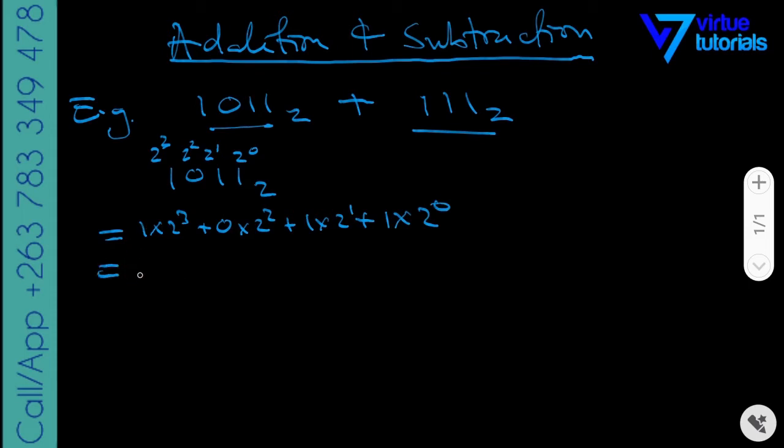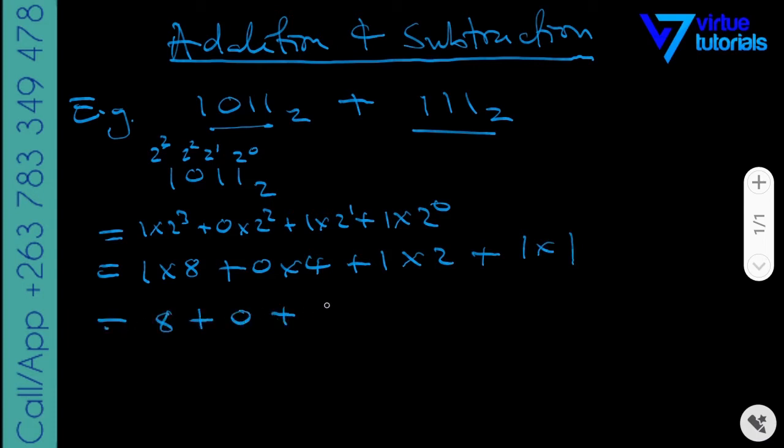So that should give you 1 times 8, plus 0 times 4, plus 1 times 2, plus 1 times 1. It gives you 8 plus 0 plus 2 plus 1, right? If you add that up, it should give you 11. So now it's in base 10, okay?